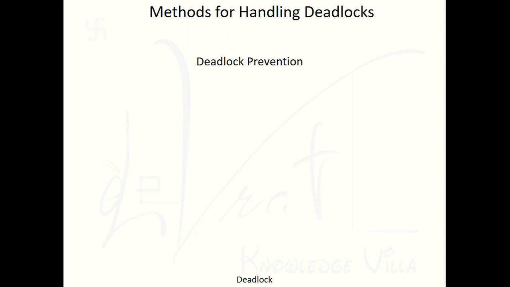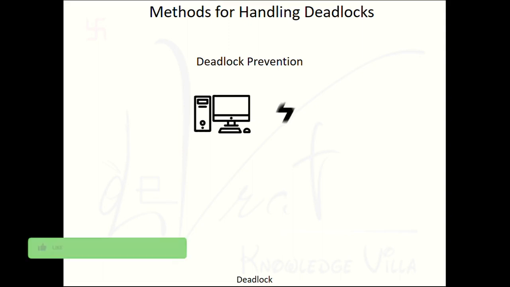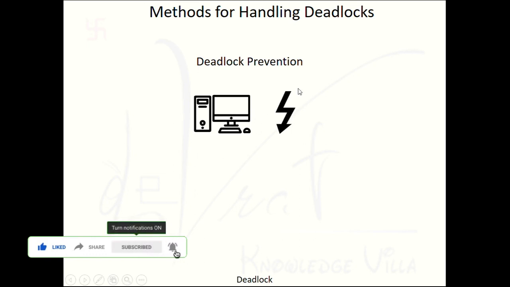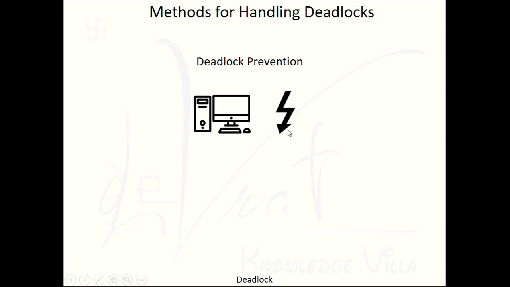Let's start with deadlock prevention. So what actually happens in deadlock prevention? Let's take first a non-technical example: computer systems and electricity. As we know, right now computer systems and electricity are a primary requirement.